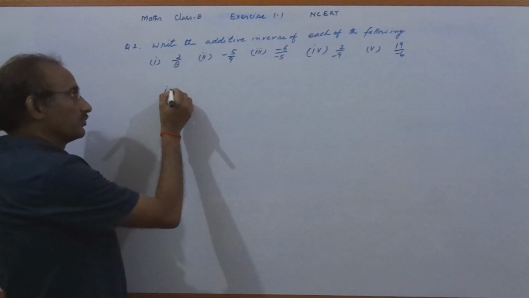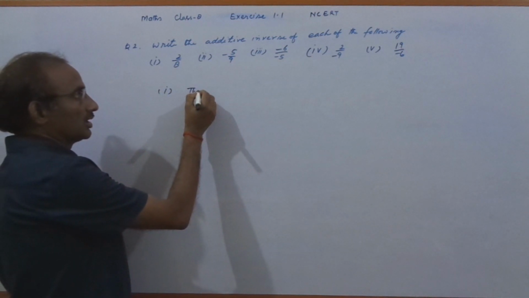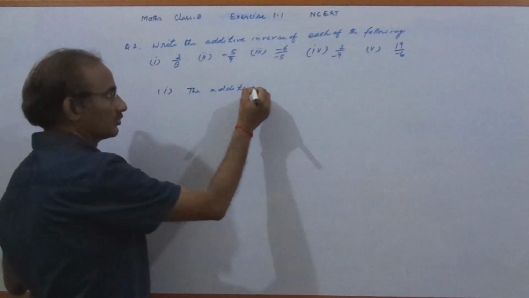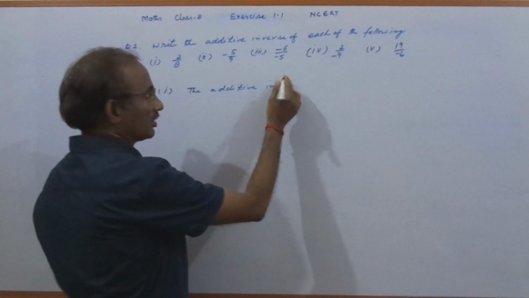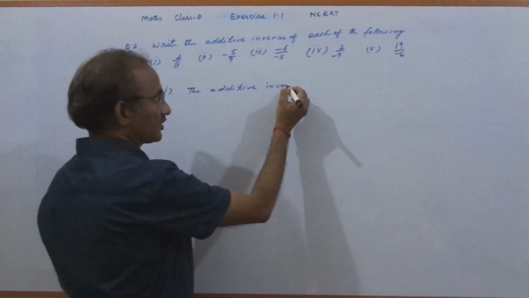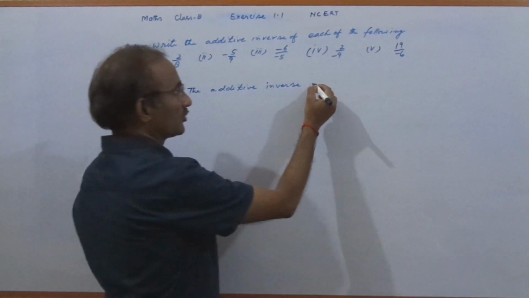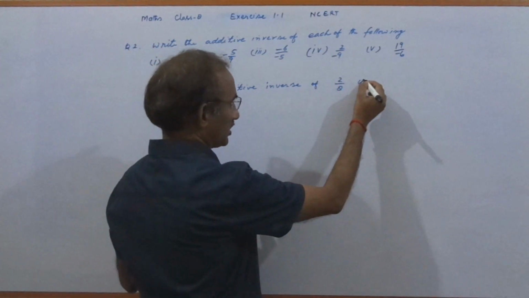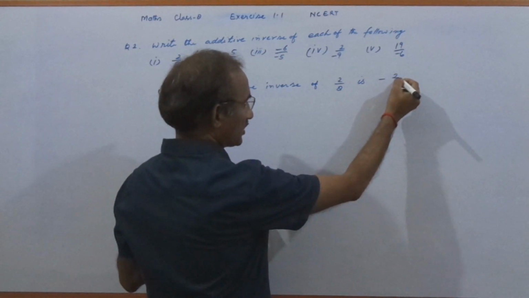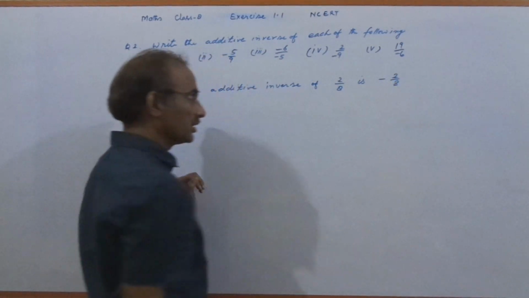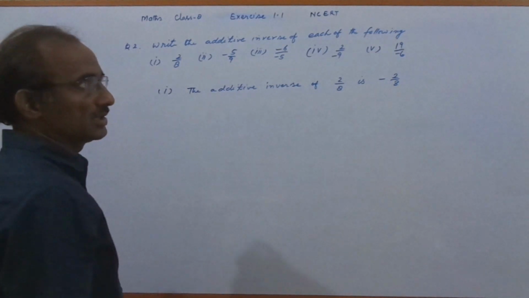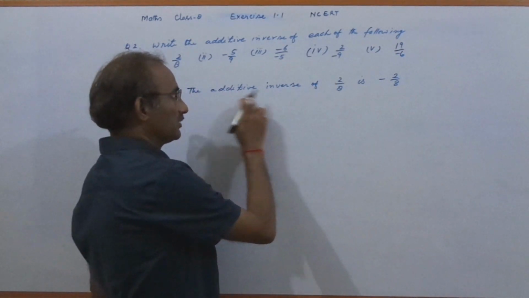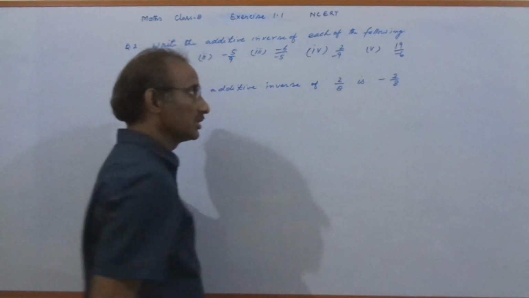So the additive inverse of 2 upon 8 is minus 2 upon 8. Minus 2 upon 8 is the negative of 2 upon 8. So additive inverse is minus 2 upon 8.